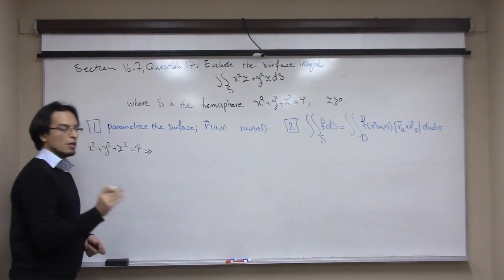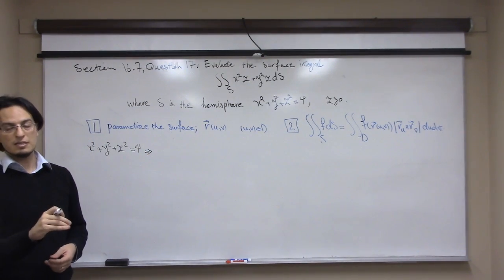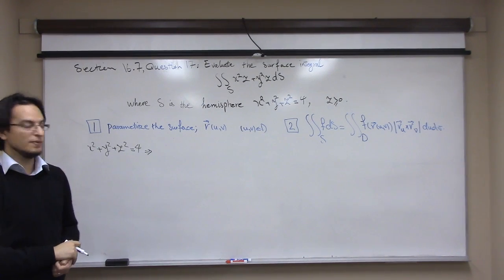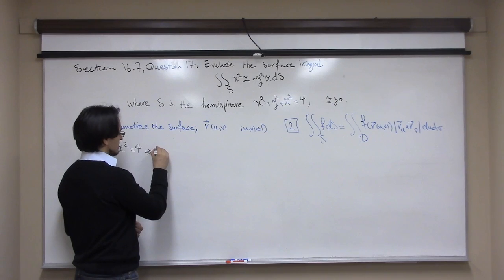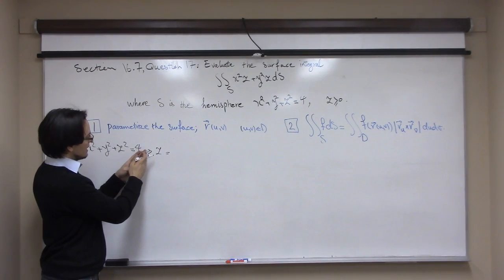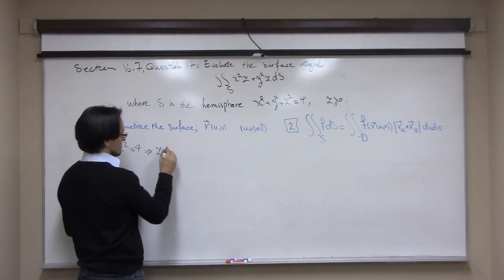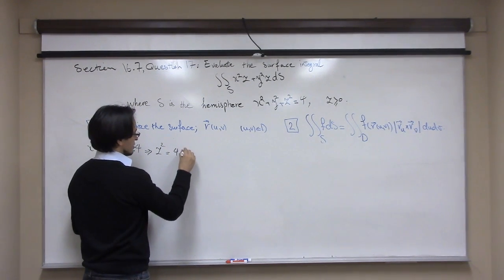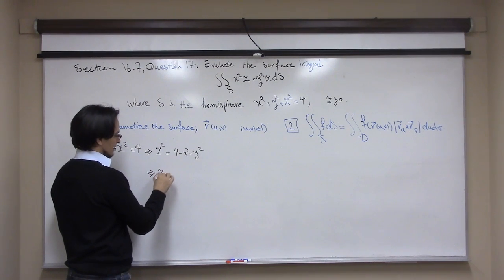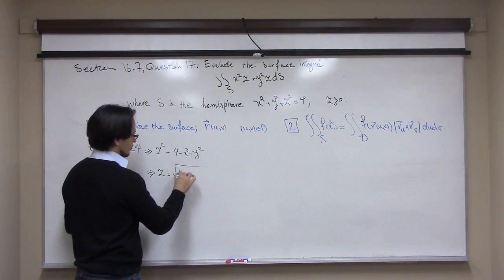Now I can cook up a function out of this whose graph gives us at least part of the sphere. I can take everything to the right-hand side but z. So I have z squared equals 4 minus x squared minus y squared. And then I can find the square root.